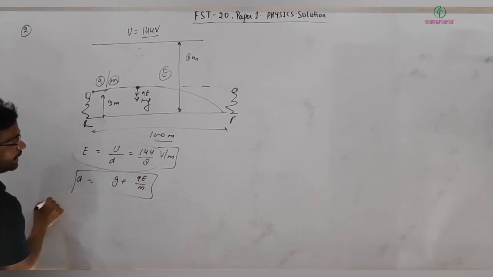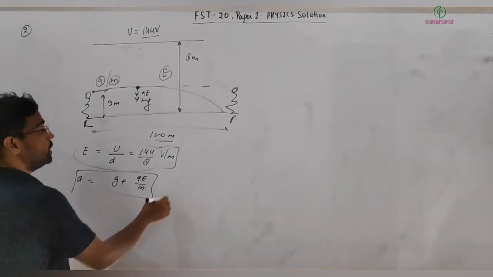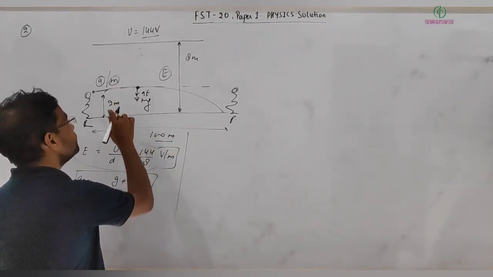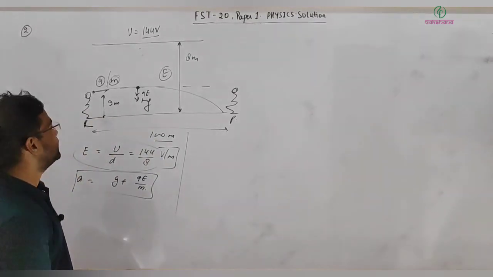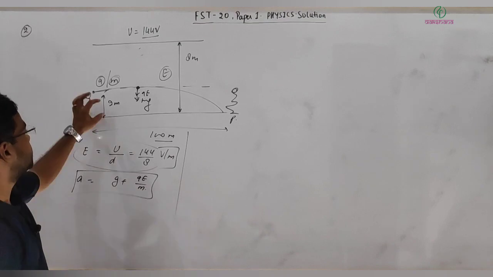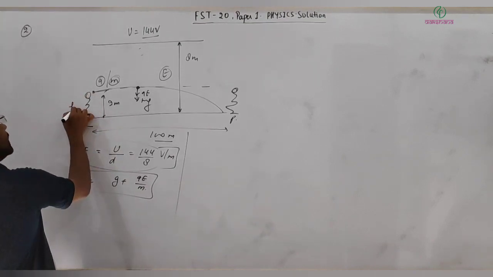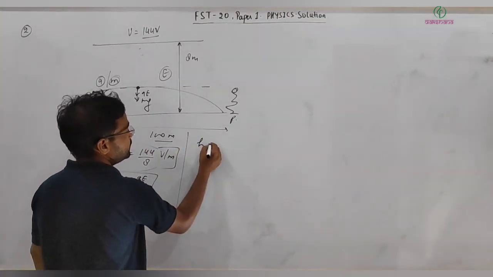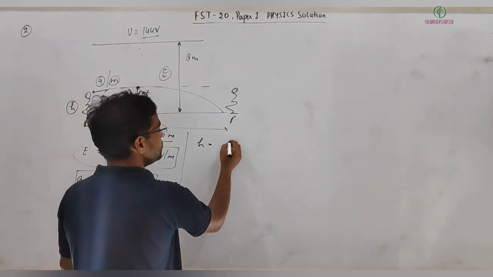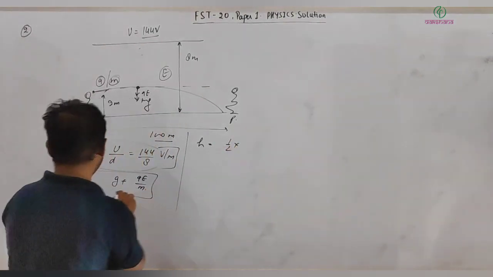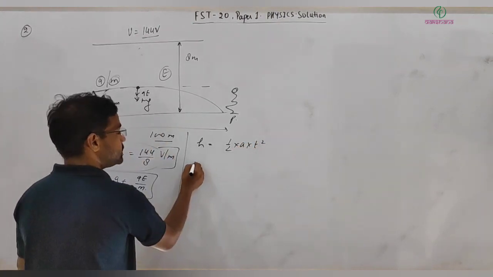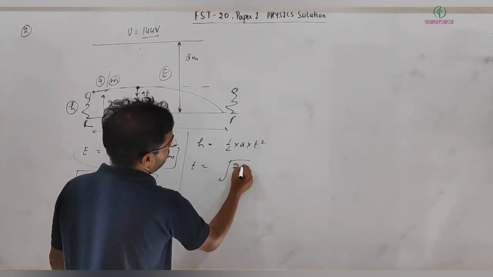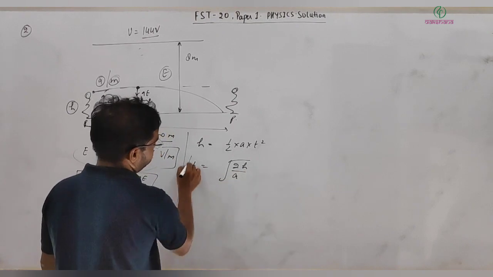The vertical component of velocity is initially 0, and the distance is h, so h is equal to half a t square. So t comes out to be under root 2h by a.